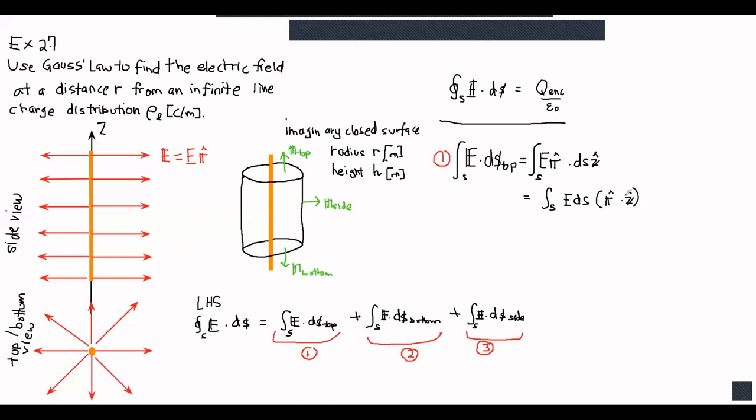So here we have E in r dot dS in z, the dot product of two vectors which are 90 degrees to each other. So this will be equivalent to 0.